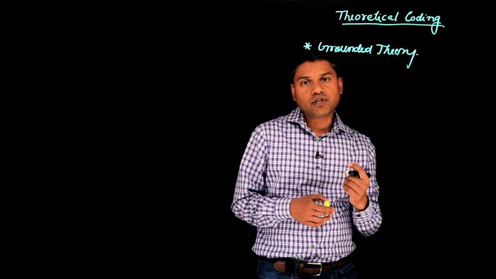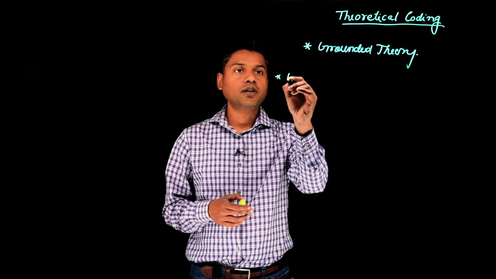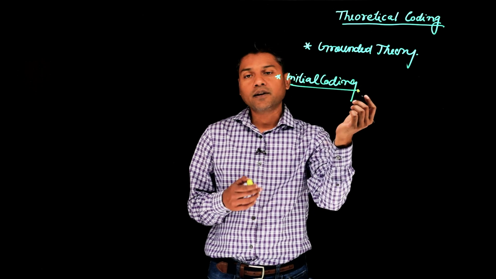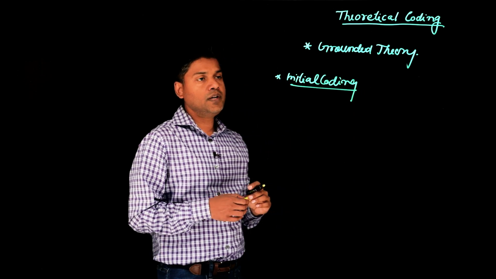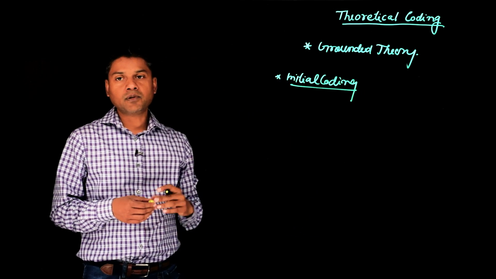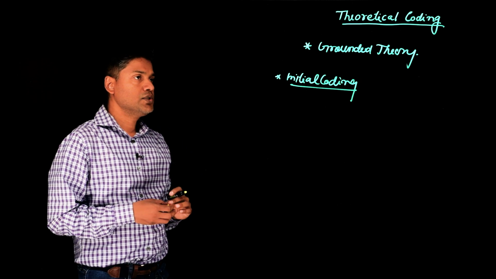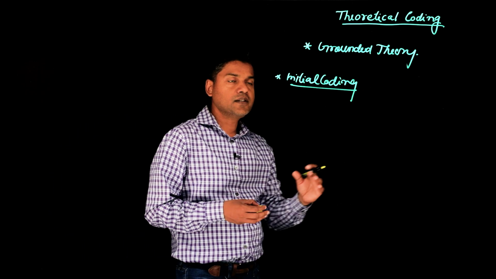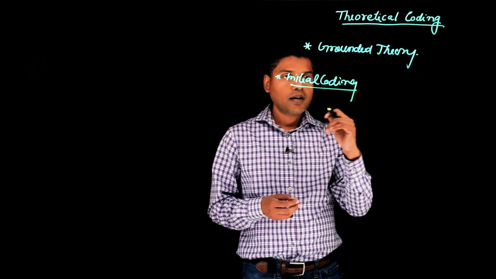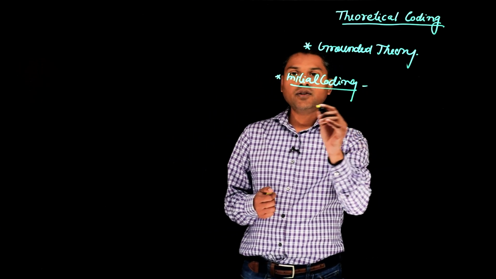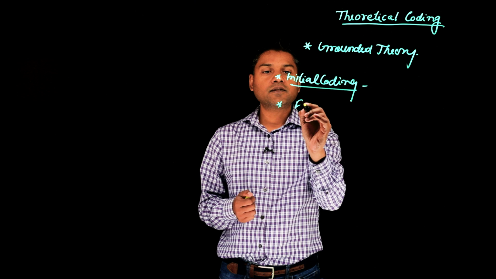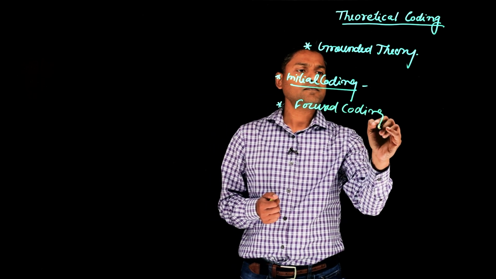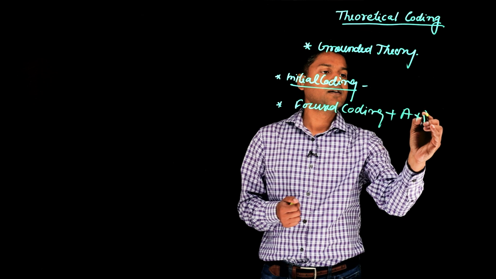As you know, you start with initial coding, any first cycle coding strategy that you could do. And in grounded theory, if you remember, we use process coding because that is more useful to understand and code the social processes. So let's say you start with the initial coding, and then you do focused coding as well as axial coding.